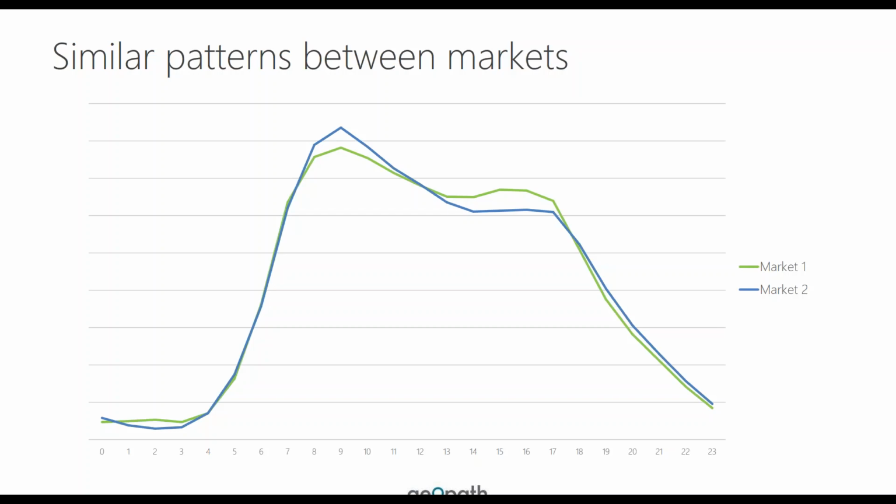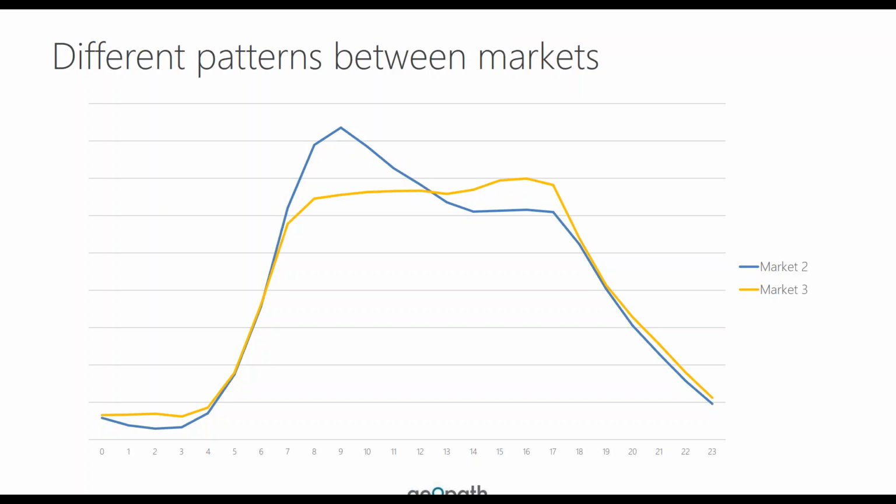And when you start to look at other markets and compare, so here's a second market. We compared market 2 to a third market, which is a little bit of a smaller market. And you see that that pattern is slightly different, right? You have more consistent audience delivery throughout the entire day with that little bump in the evening hours, right?